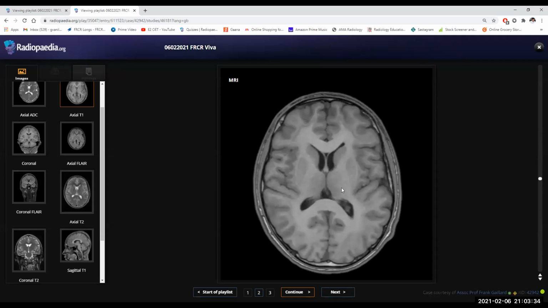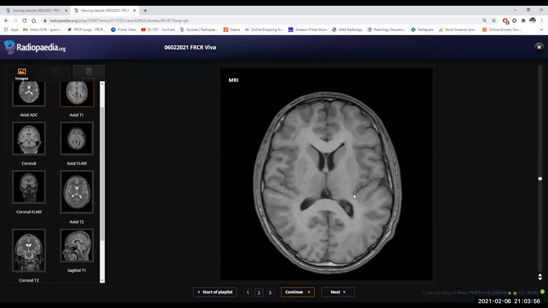I can see that this is the thalamus, this is the basal ganglia, the caudate. This area looks a bit fuzzy. So you are only looking at the periventricular region for heterotopia?